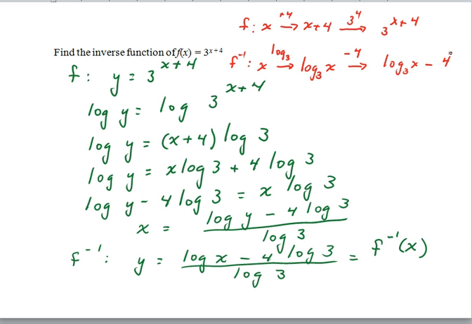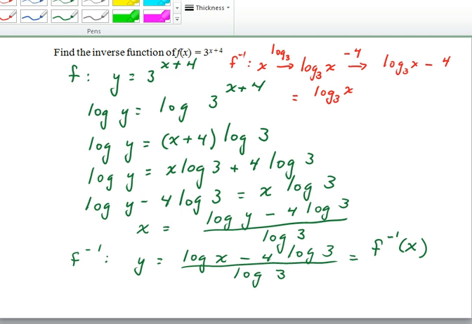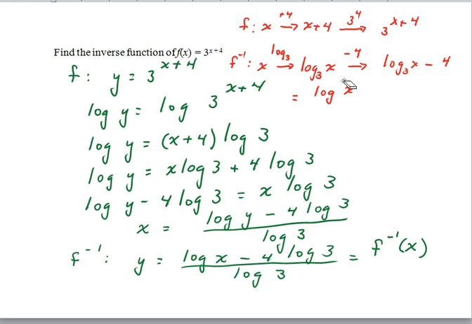Now that doesn't appear to be the same as what we had below, but if we use the change of base formula, we would get log x, that's a common log of x, divided by the common log of 3, minus 4.